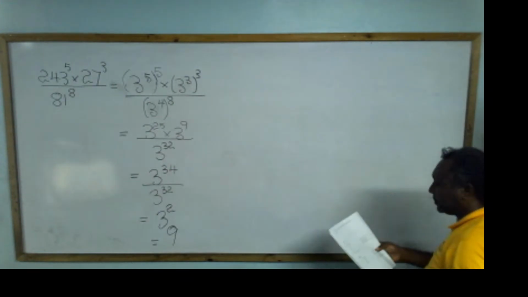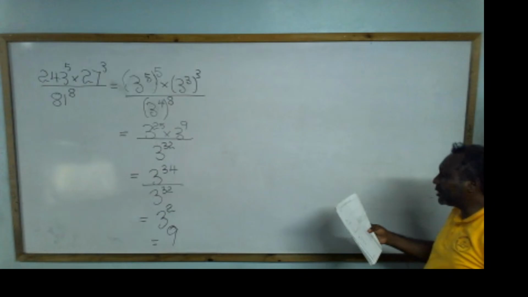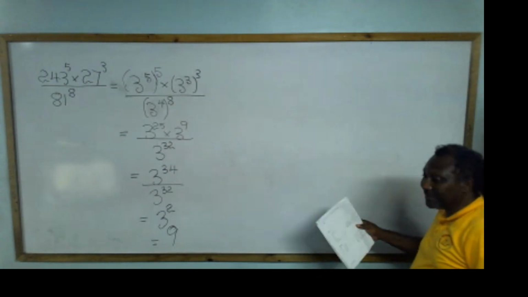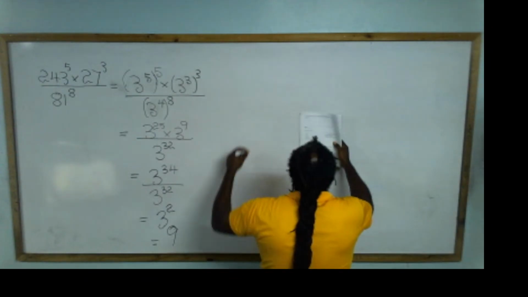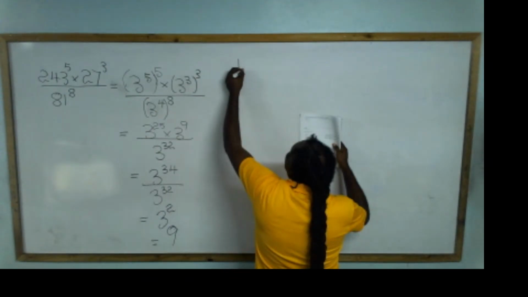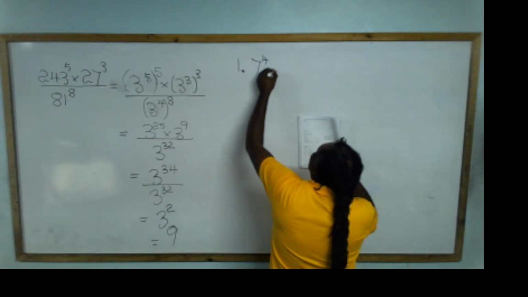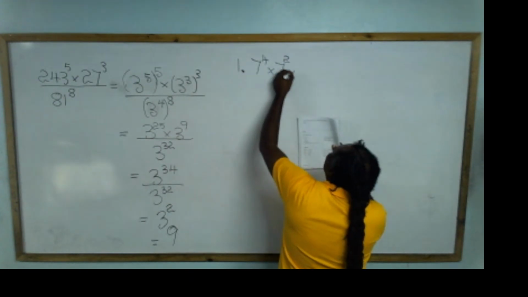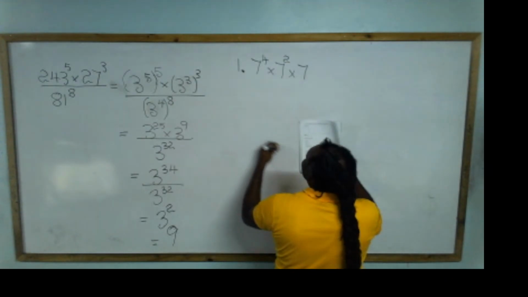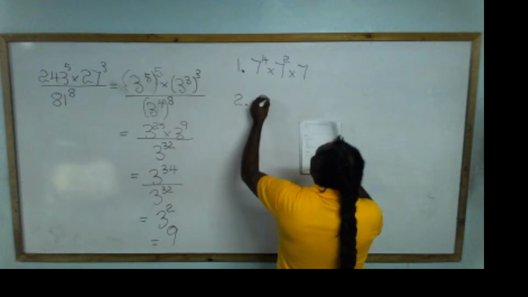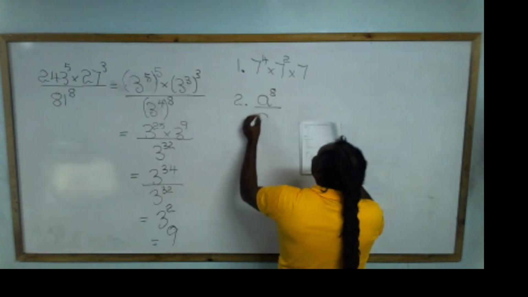Now, this is what you should do after. So let's go. We have 9 problems. Number 1, 7 to the power of 4 times 7 to the power of 2 times 7. Number 2, 8 to the power of 8 over 8 to the power of 5.